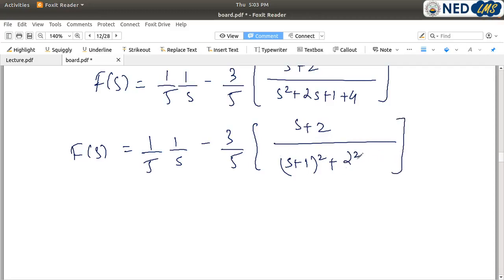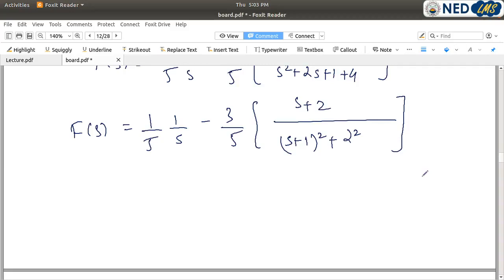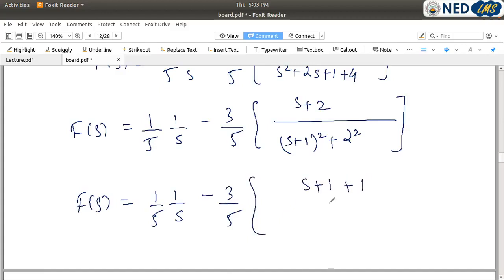There is a reason why I am writing this way. It will be evident in the next steps. Now divide this 2 into plus 1. It will become f of s is equals to 1 by 5 into 1 over s minus 3 by 5 into s plus 1 over s plus 1 whole square plus 2 square.